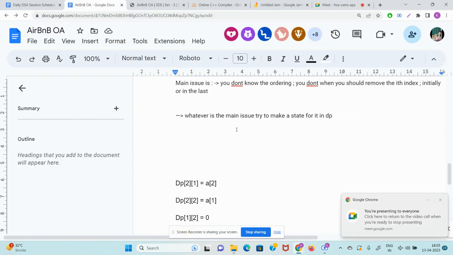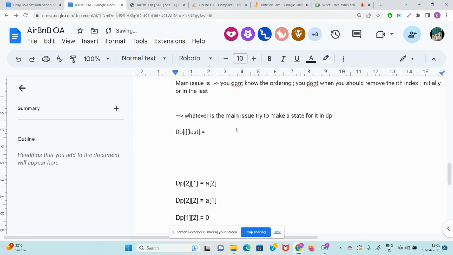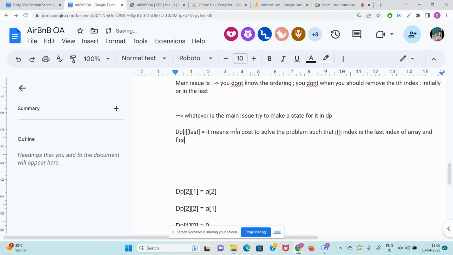Guys, everyone start writing in the chat. DP of I of last, what is the meaning of this state? This problem is really hard, but I am trying my best that everyone understands. What is the meaning of DP of I of last? It means the minimum cost to solve the problem such that ith index is the last index of the array, and first you pick the ith index, only then you are allowed to pick the I minus 1 index.